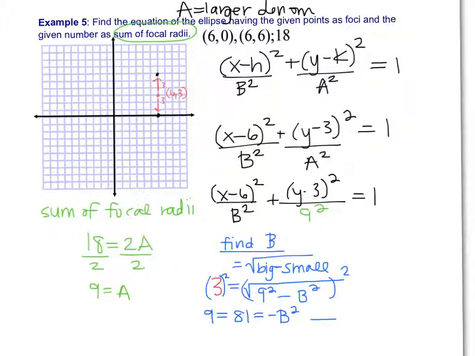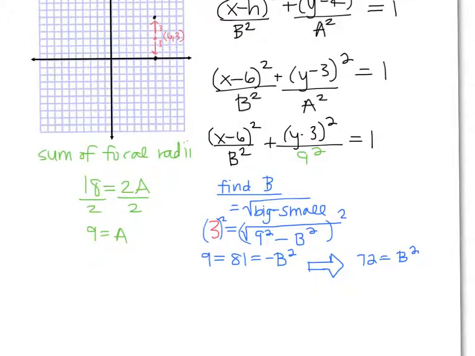I'm running out of room a little bit down here. But if we do the 9 minus 81, get rid of the negative, we're going to end up with 72 equals b squared, or b is the square root of 72, but we're just trying to put something in for that b squared denominator. So maybe if I scooch this up.